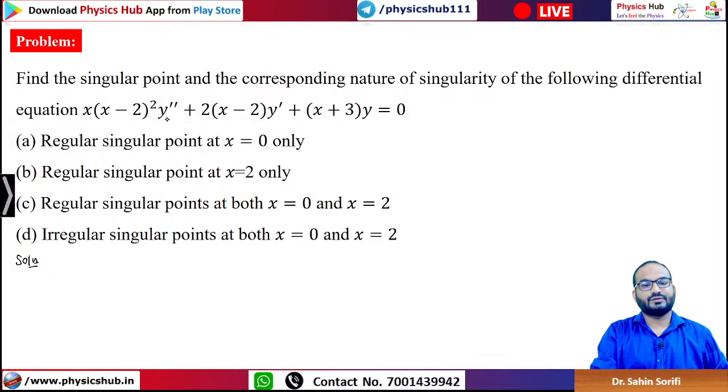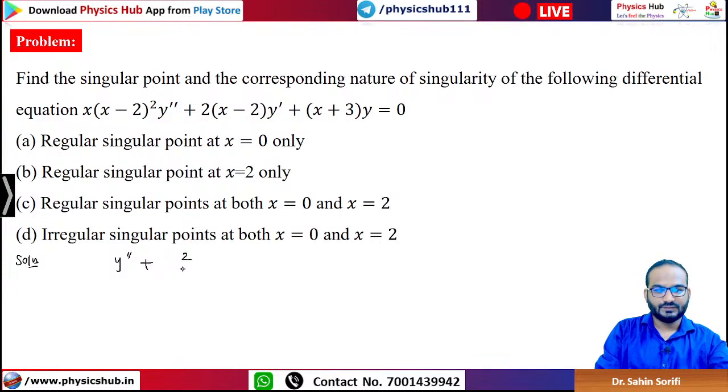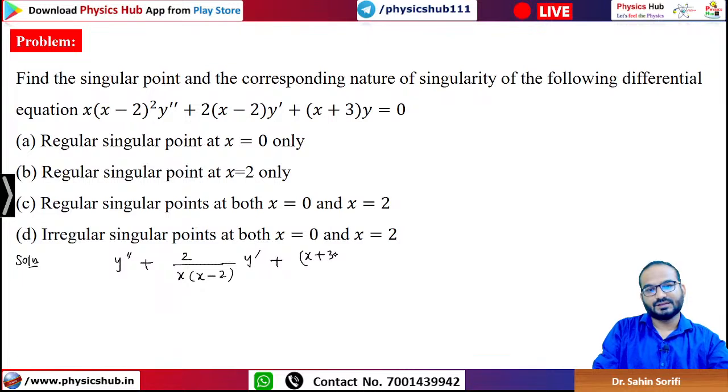So you can see the differential equation. We can write it in this way: y double prime, let's divide by x into x minus 2 whole square on both sides, so plus 2 by x into x minus 2 times y prime plus x plus 3 divided by x into x minus 2 whole square times y equals to 0.